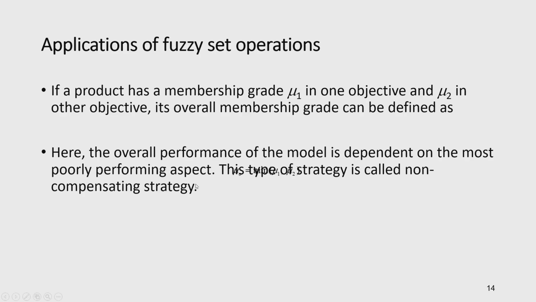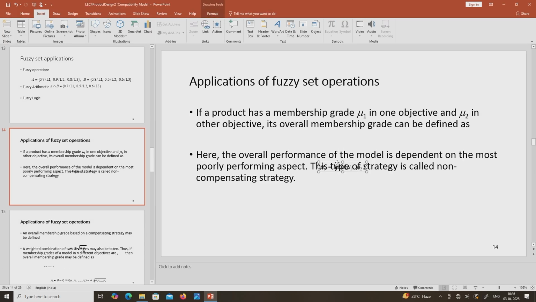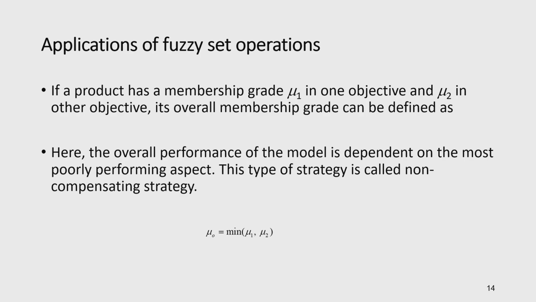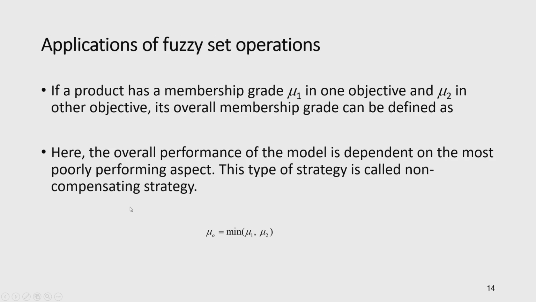Similarly, we can have fuzzy arithmetic also. So there is the fuzzy set operation, the fuzzy arithmetic, and fuzzy logic. Three things are there, but we will focus on the application of fuzzy set operations.